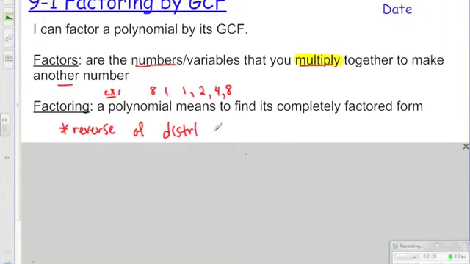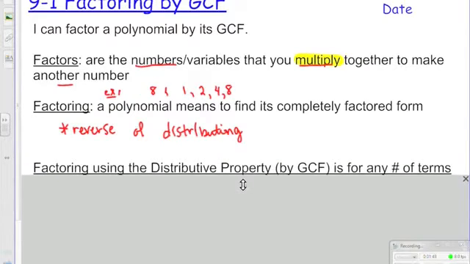Distributing means we multiply together. Factoring means we're going to do the reversal and break it back apart. So factoring using the distributive property, which is also known as factoring by GCF, is for any number of terms. That means I could have 5 terms, 7 terms, or 2 terms. So it's for any number.